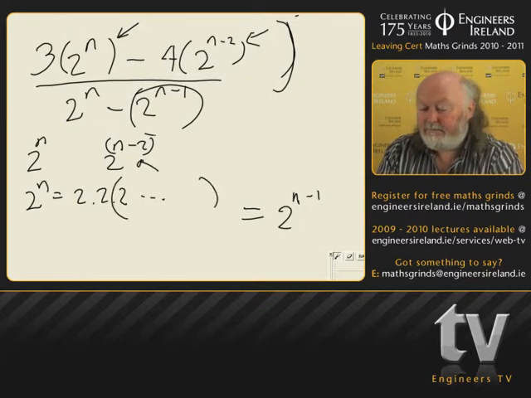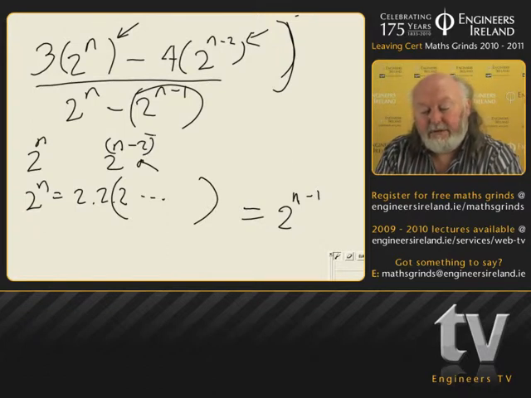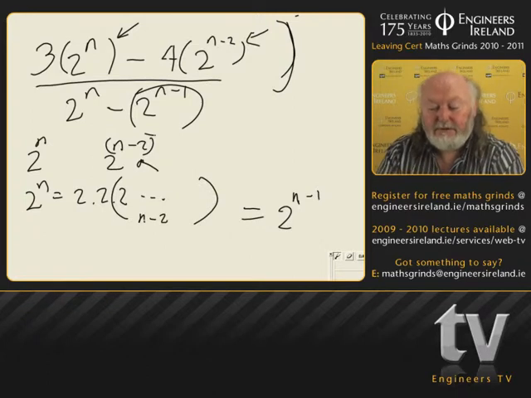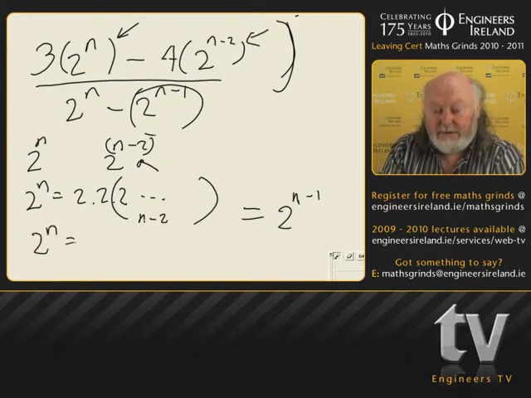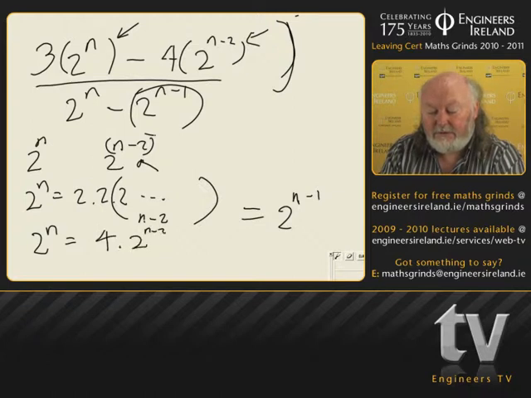So, if I bracket it that way, if I had n of them together, that means there's n minus 1 of them in here. So I know that 2 to the n is 4 by 2 to the n minus 2.